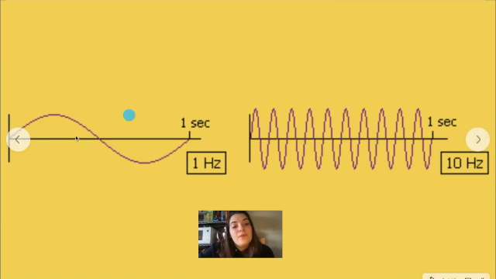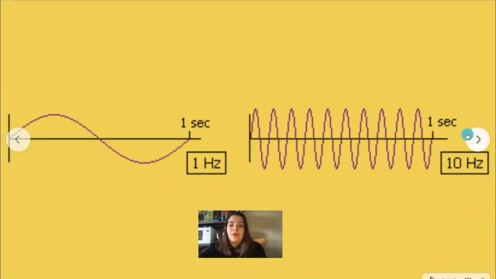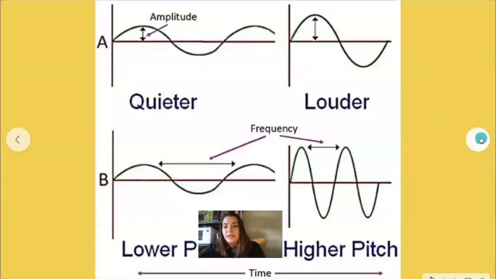So this 1 second, 1 hertz is for lower sounding pitches normally, and for higher sounding pitches, the graph would look more something like this. And we can graph frequency in hertz, like this.